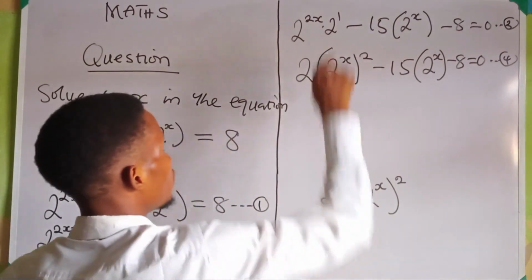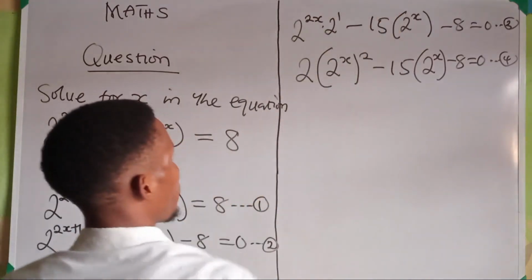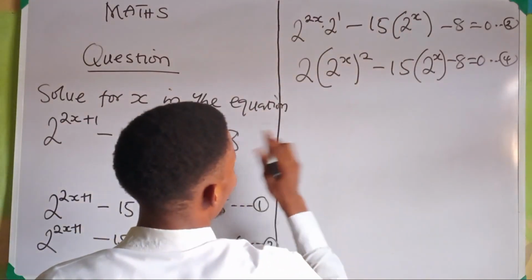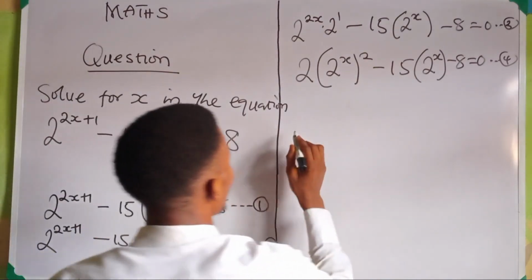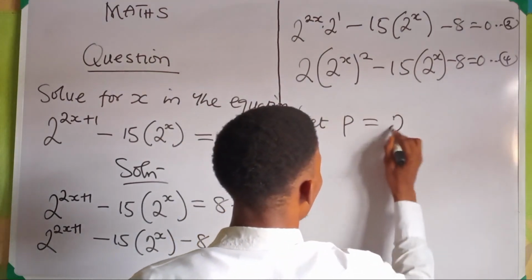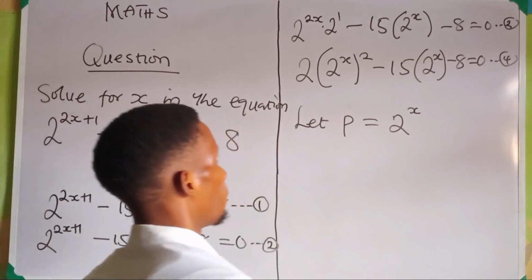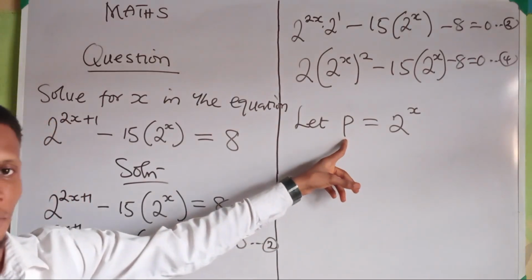So the next thing you will do, we can now notice that we say let p equal 2 raised to the power x. Anywhere you see 2 raised to the power x, you substitute p.